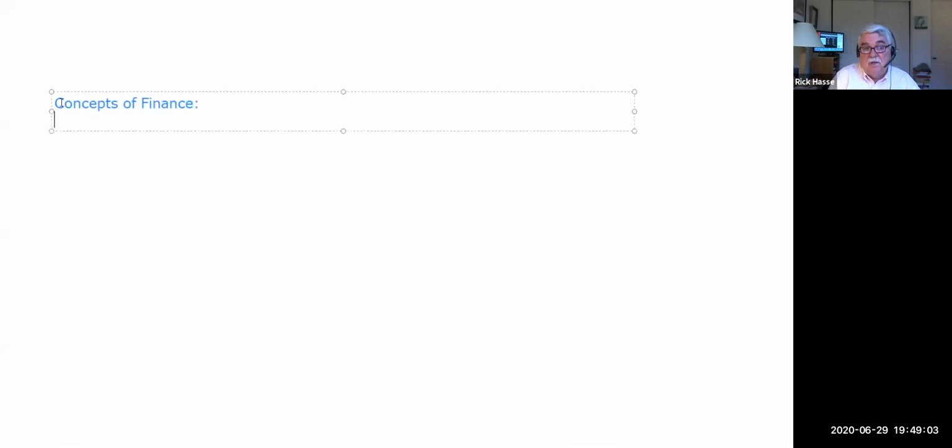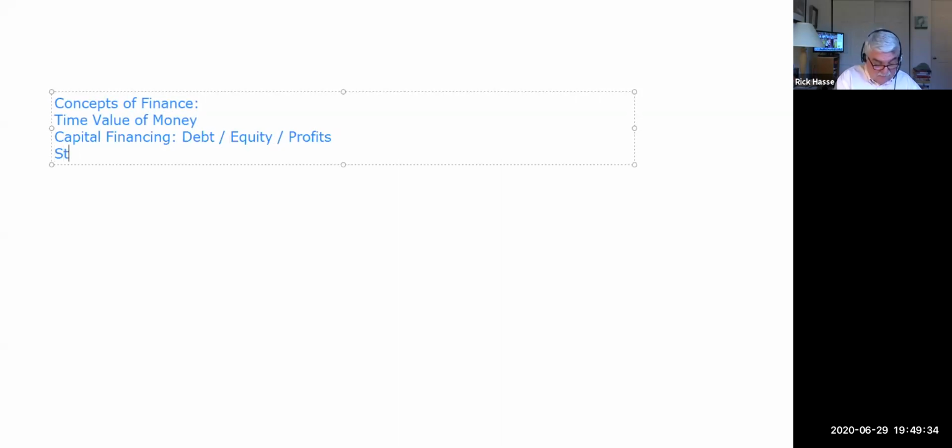Cases 1 and 2 are both going over those concepts: time value of money, capital financing, debt, equity, breakeven profits, and financial statement analysis.